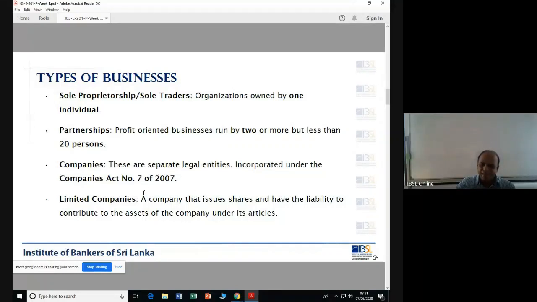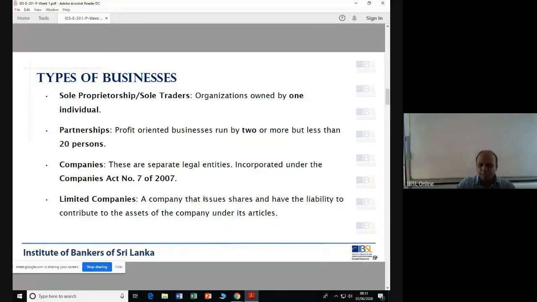Under this legal status, a limited company is a company that issues shares and has the liability to contribute to the assets of the company under its articles. So what does it mean? A limited company has to issue shares.